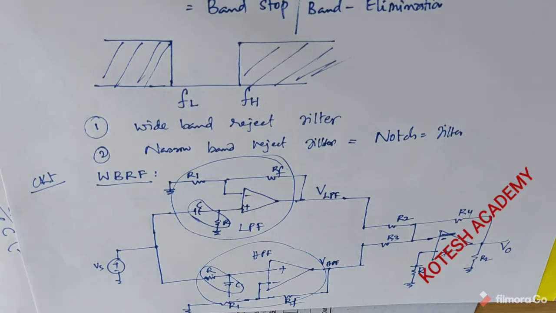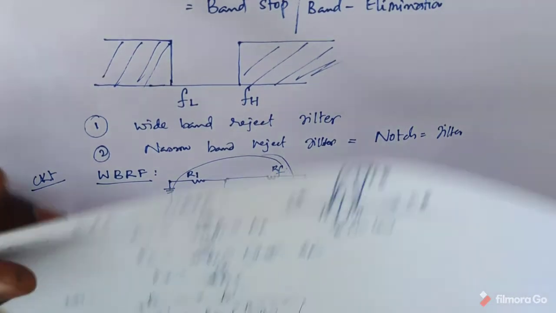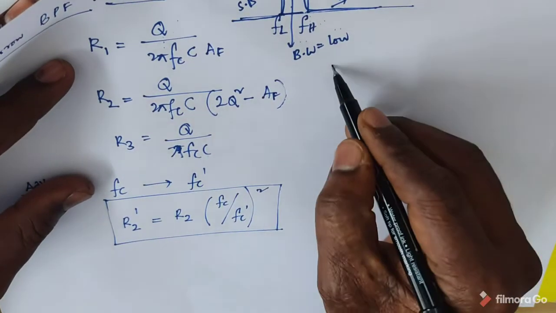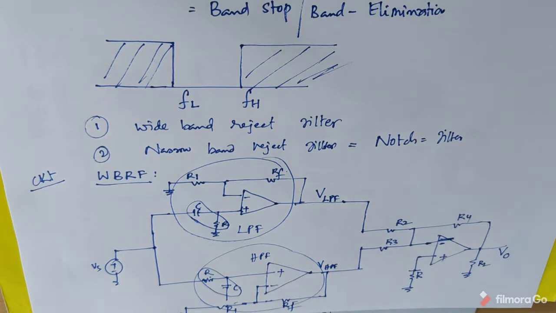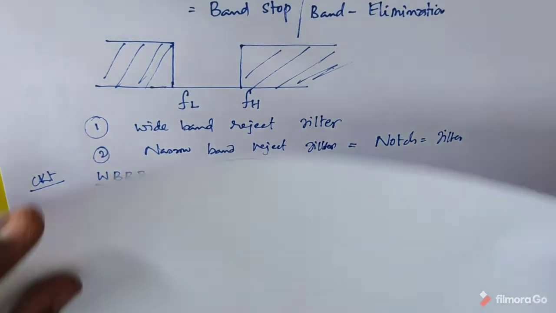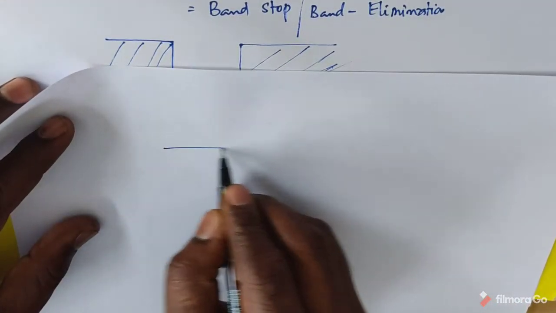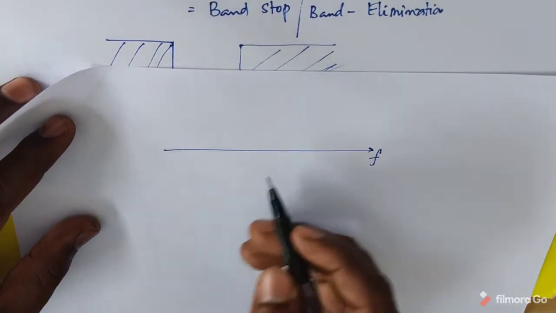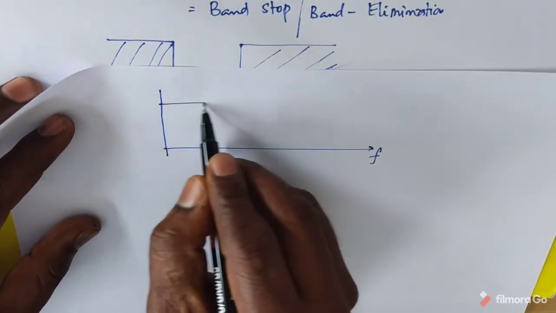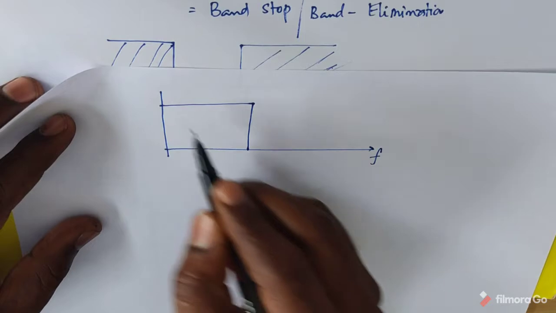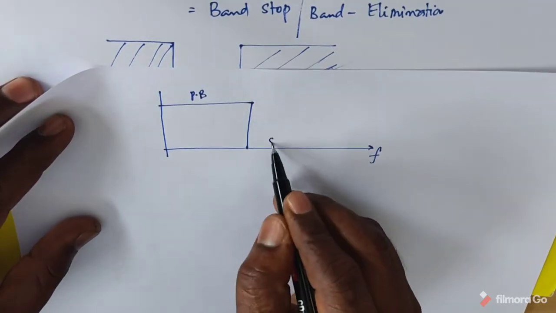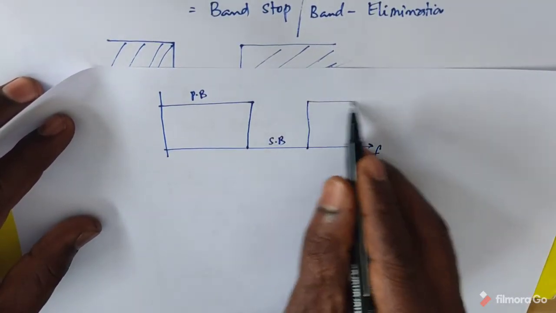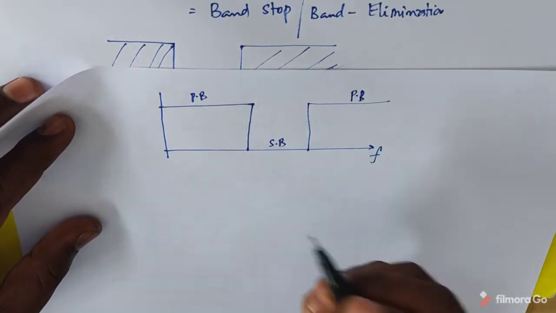For this expression, the frequency response model is represented like this. This is the actual frequency, this is a pass band, stop band, and pass band.